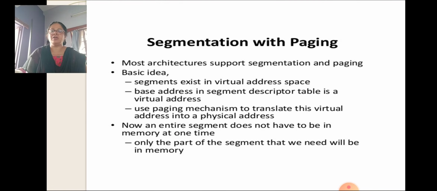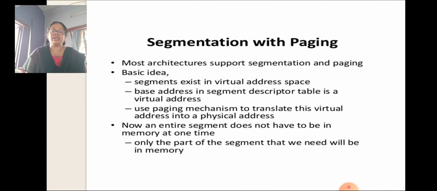Segmentation with paging. Most architectures support segmentation and paging. The basic idea is that segments exist in virtual address space. The base address in the segment descriptor table is a virtual address. Use the paging mechanism to translate this virtual address into a physical address.